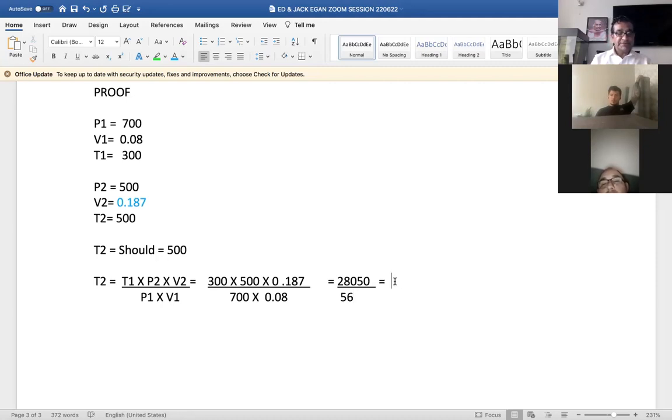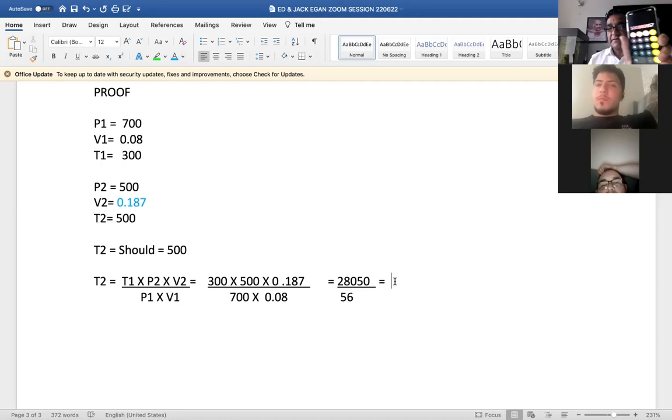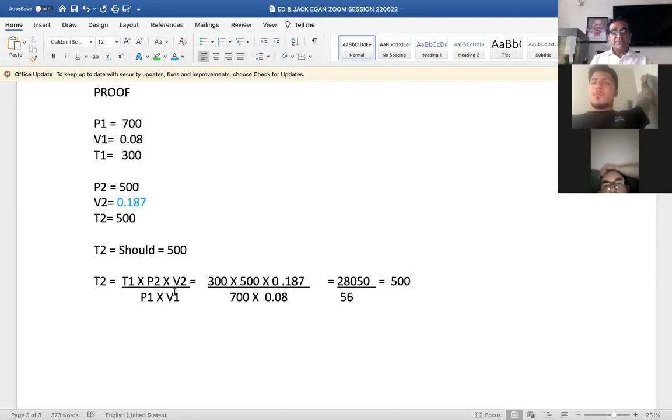So 28050 divided by 56 equals 500, or like 500.8, but that's as close as it gets. So that's proven the formula in the sense that we've transposed it, we've put in the correct terms, values, and numbers, and by doing the mathematical formula, we know that T2 should be 500, and it is.